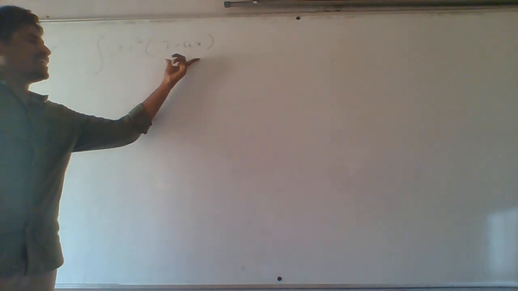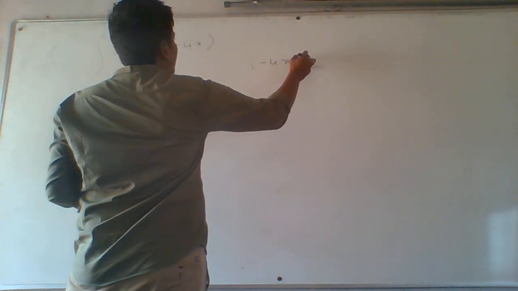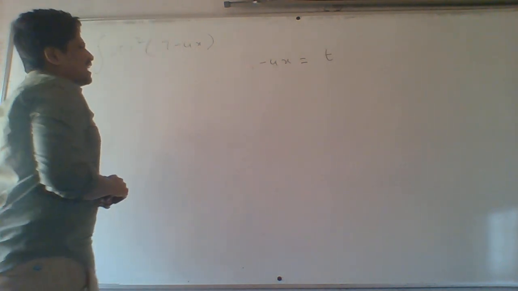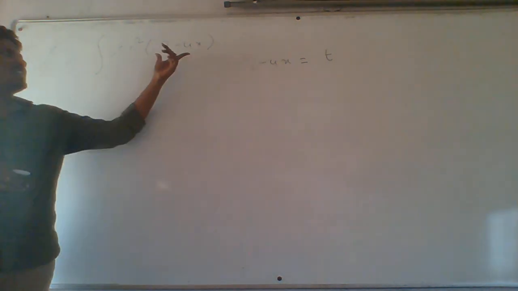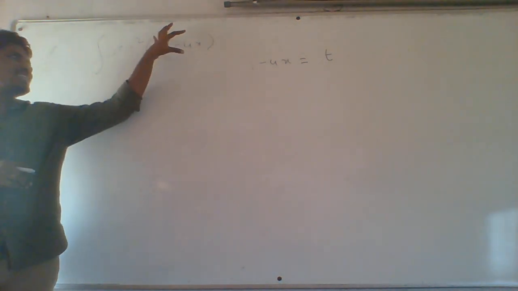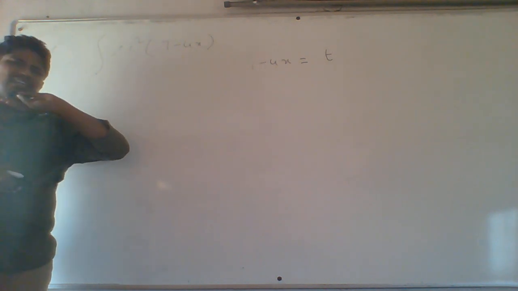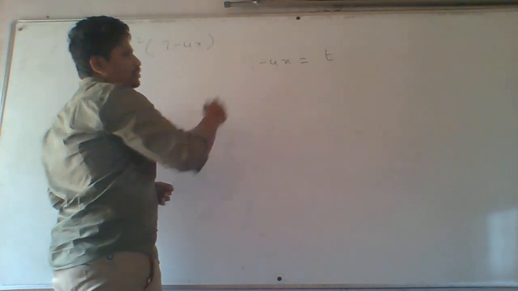Assume 7 minus 4x as t. Otherwise you can do it directly also. It is of the form ax plus b. Assume this as x; what is the integral of secant square x? It is tan x. You can do directly also, or by substitution.